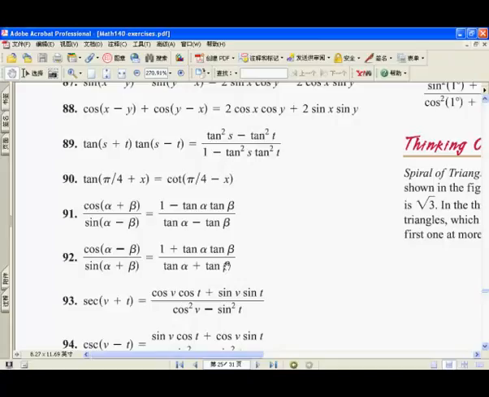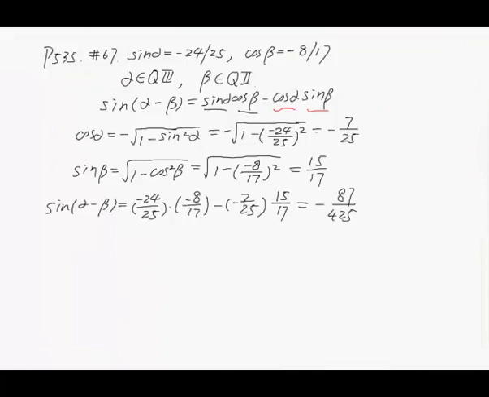We try to prove this problem 92. Okay, prove this is an identity. So let me copy this problem on the whiteboard. Page 536. Problem 92.